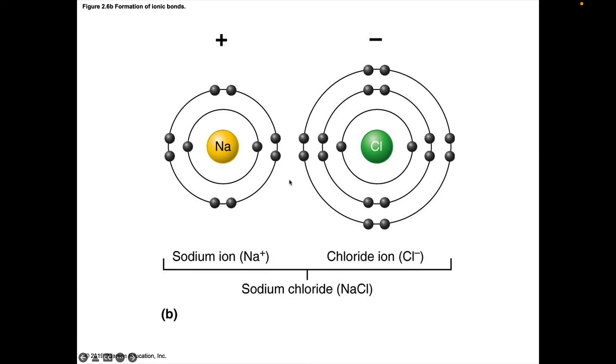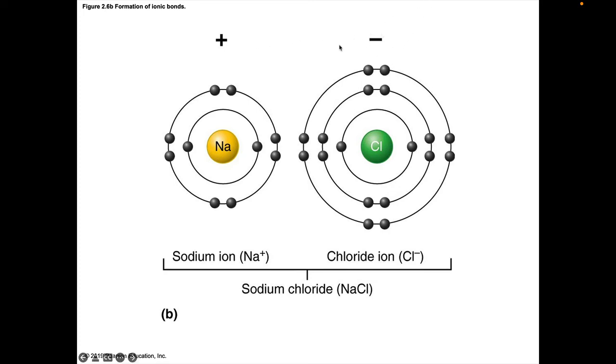That 1 electron is gone from the sodium outer shell, and so the next shell down is completely filled. And since sodium has lost an electron, that's losing a negative charge, it becomes positively charged. Chlorine has gained an electron, and so electrons are negatively charged, so it's got a negative charge.